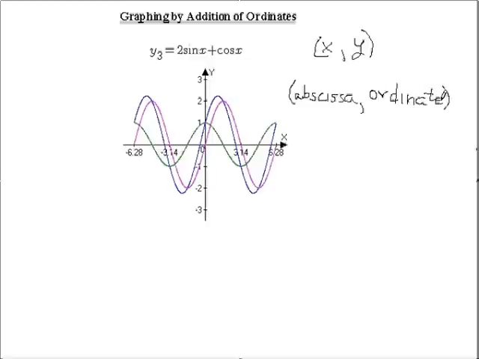Now, the fact that we know what an ordinate is means that we must be graphing this finished equation by adding the y coordinates of some other equations, and that's what this graph is supposed to indicate to you, but it doesn't do a very good job. So I want to try and correct that for you.